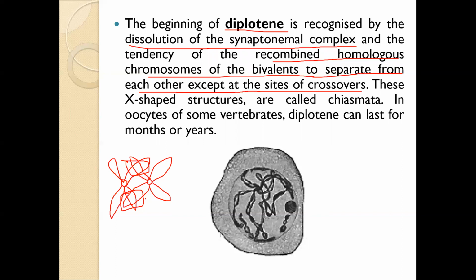These X-shaped structures are called the chiasmata. In oocytes of some vertebrates, diplotene can last for months or years. That means until that cell is required, the diplotene can last for months or years.